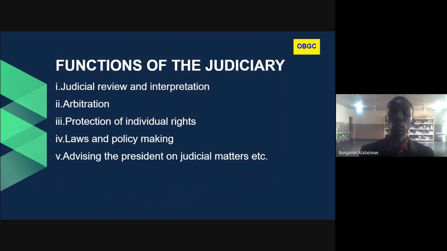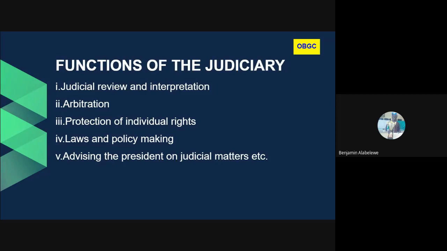And when this is done, they declare the excesses null and void or ultra vires. When the executive comes up with obnoxious laws, anti-democratic laws or anti-people laws, the judiciary has the power to weigh in and declare such an action unconstitutional. So when it is declared unconstitutional, it means it is declared null and void or ultra vires.